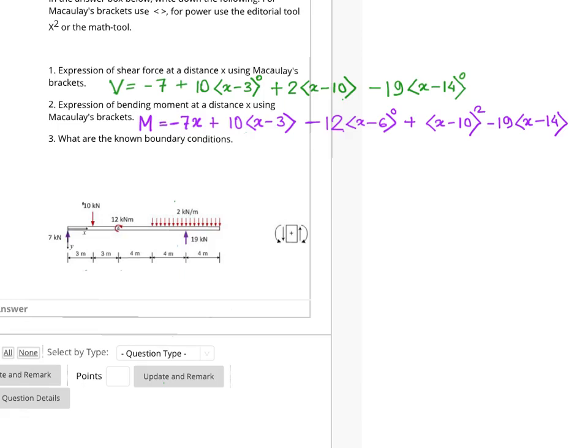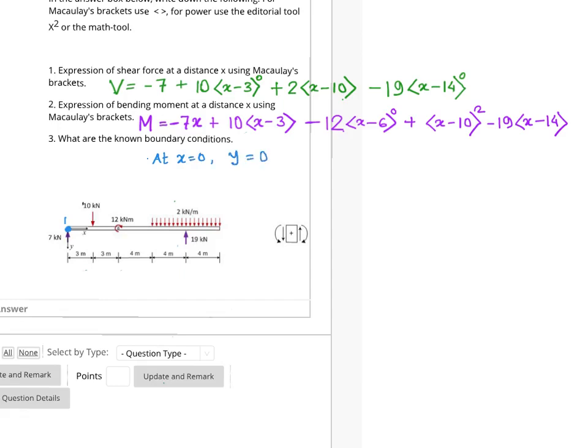And the final one is, what are the boundary conditions? Now we know the first condition: when the beam deflects, whatever way it deflects, the displacement at point 1 is 0. So at x equal to 0, the displacement is 0.